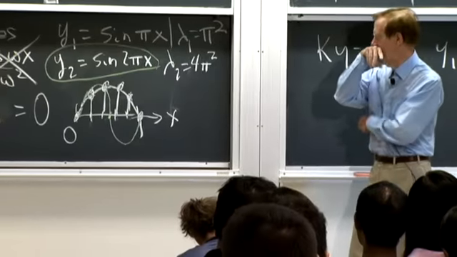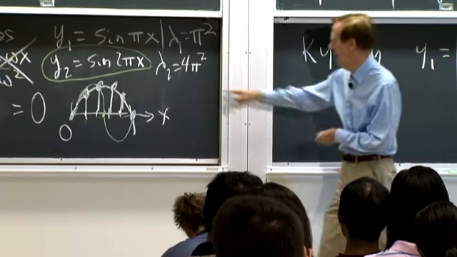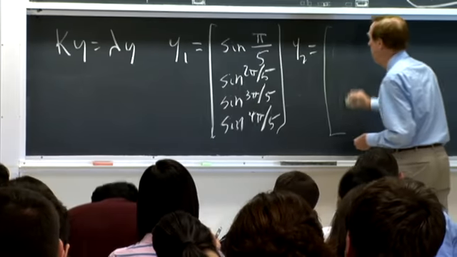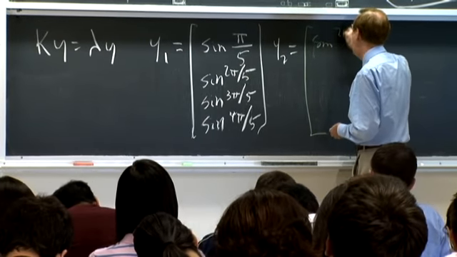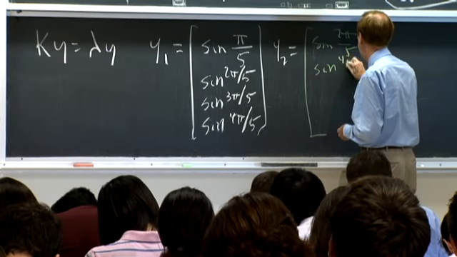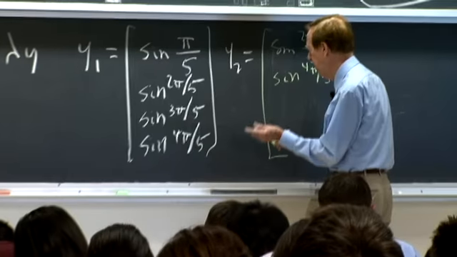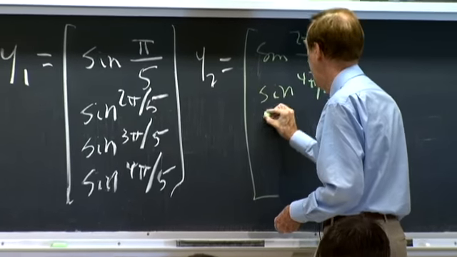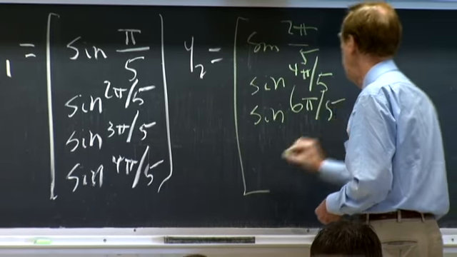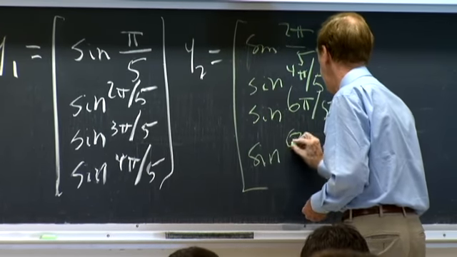Yes, and I'll finish this guy. This will be sine of 2 pi over 5, sine of 4 pi over 5. See, I'm sampling 2 pi x at those same points, sine of 6 pi over 5 and sine of 8 pi over 5.